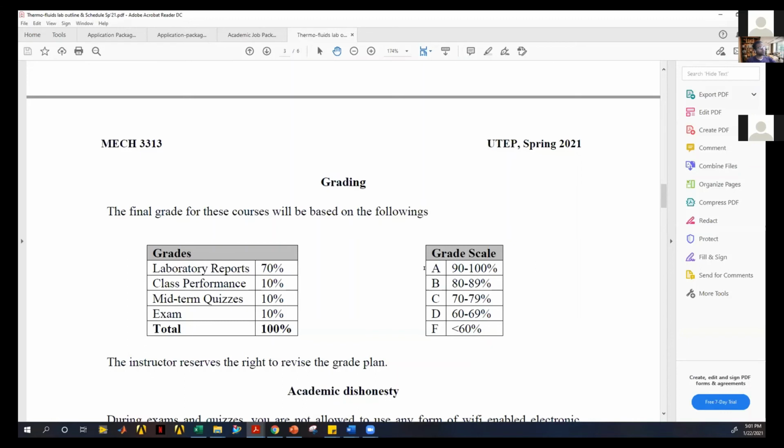Now these reports are going to be group reports, and I'm going to pair you in groups of two. I would ask you to make your groups, and before next class, I'm going to make a discussion board on Blackboard. There, you just write down your group number, your group member's name and their email ID.